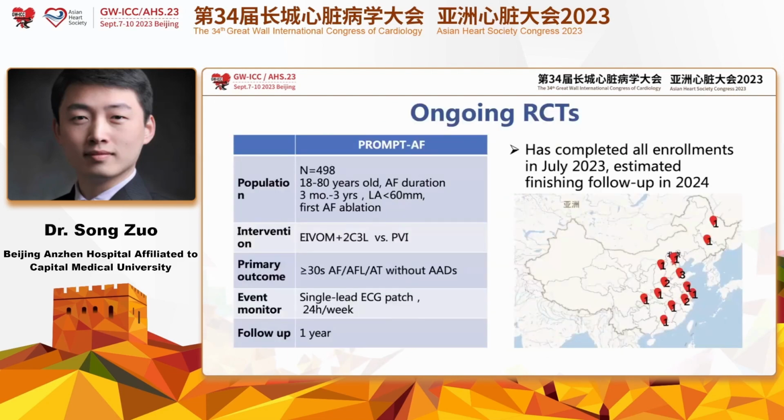This study completed all enrollment in July 2023, and we estimate we will finish the follow-up next year. The result of this study may provide a powerful approach to improve the outcome among patients with persistent AF who are going to receive catheter ablation.